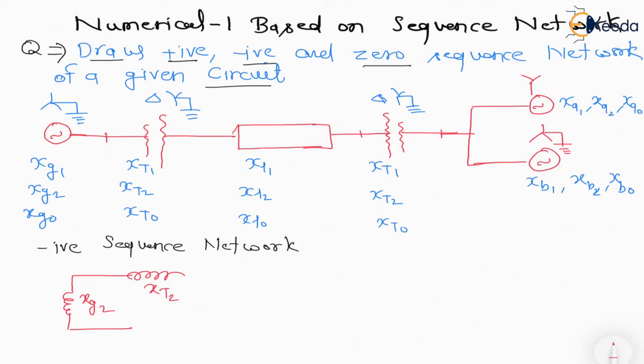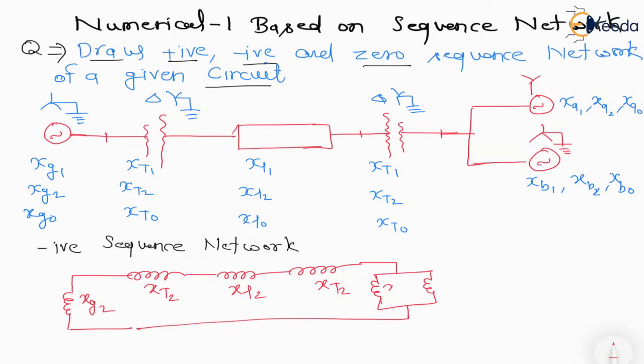So this will be xg2, this will be xt2, xl2, xt2, and here it will be xa2 and xb2.